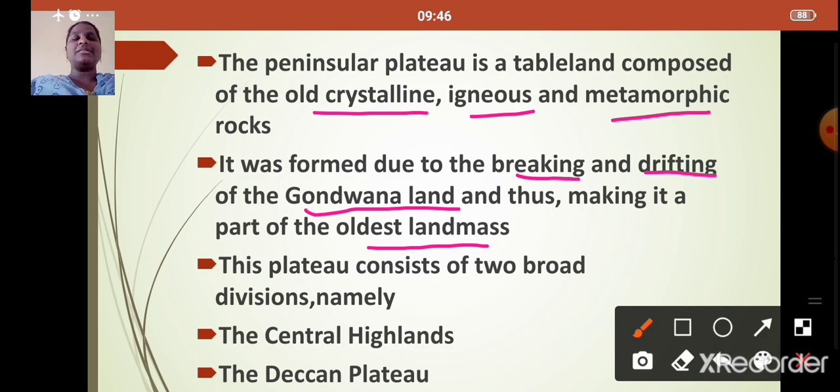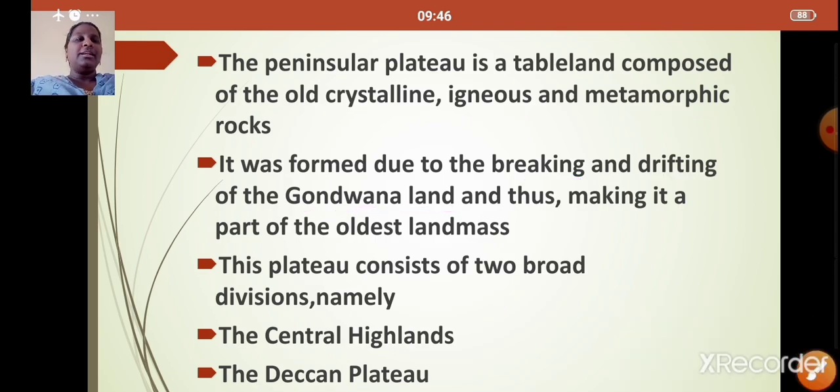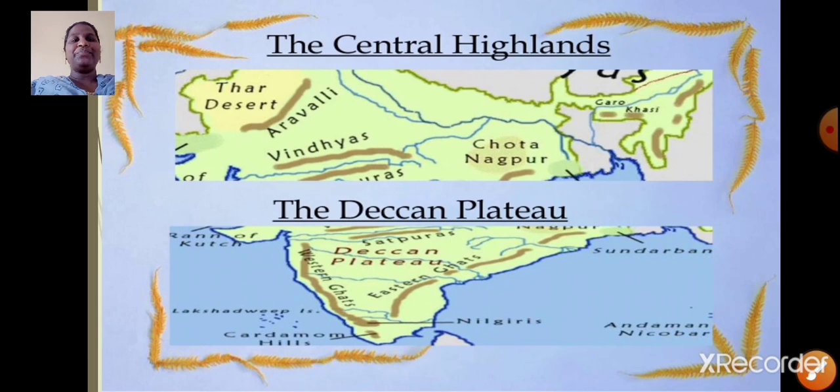This plateau consists of 2 broad divisions, namely the Central Highlands and the Deccan Plateau. Here in this map you can see the Peninsular Plateau comprises 2 broad divisions, the Central Highlands and the Deccan Plateau.